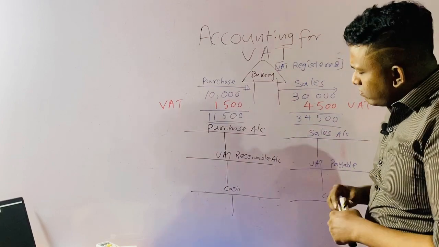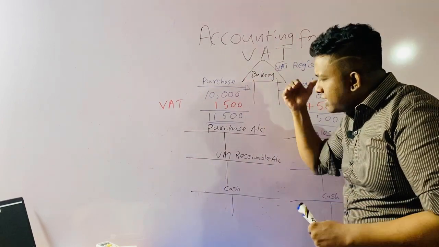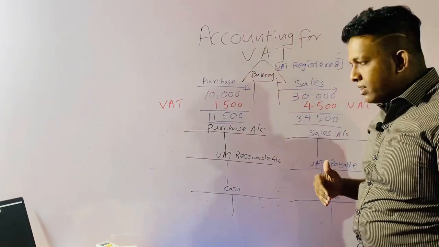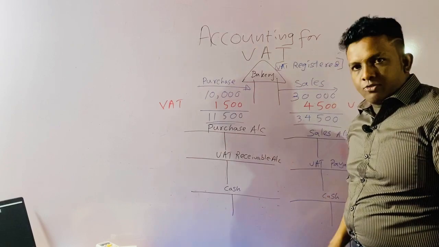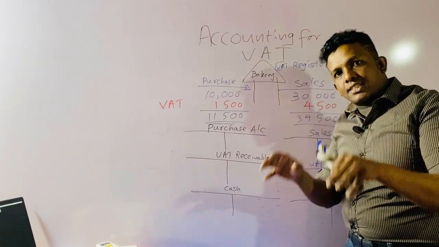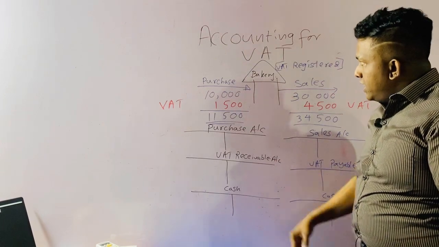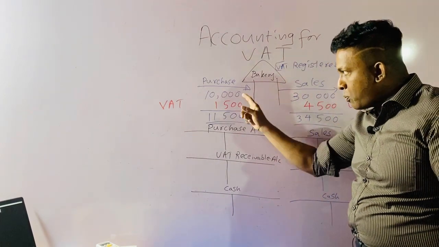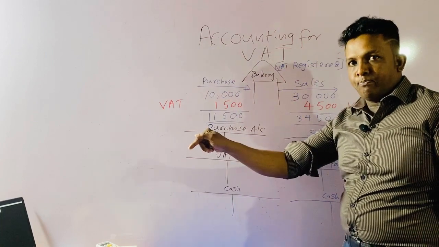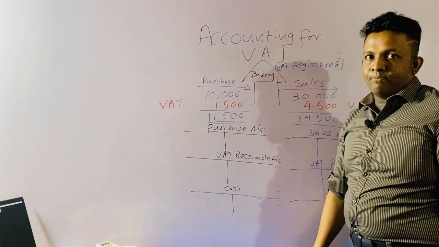Now, when we are purchasing these materials, our suppliers will charge VAT from us. We call it input tax, input VAT. Since we are VAT registered, we have to pay today, but we can claim in the future.